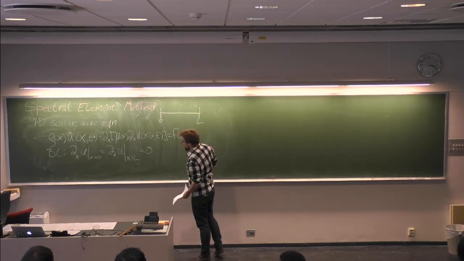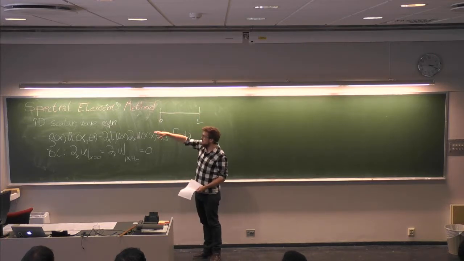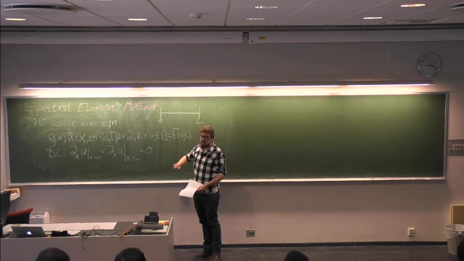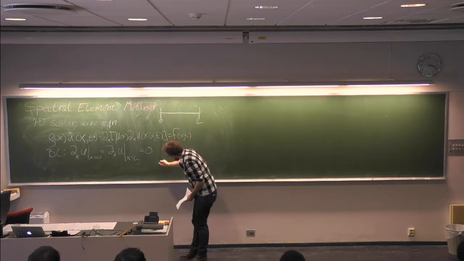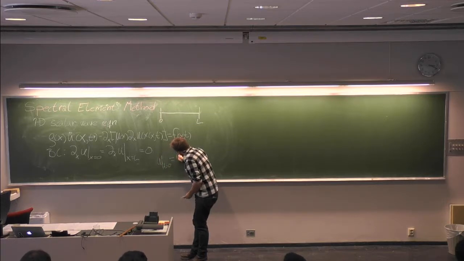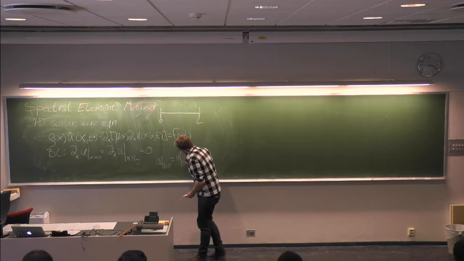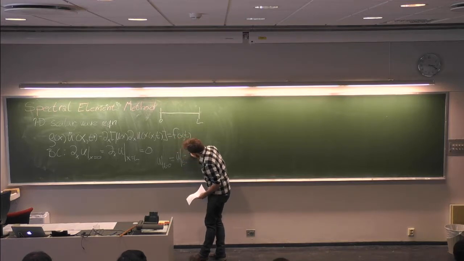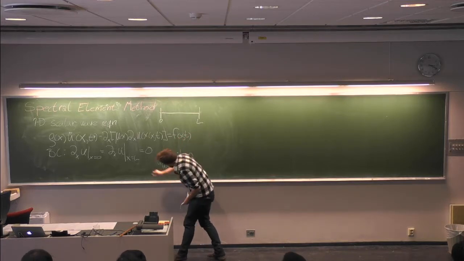We also have the initial conditions that the string should be flat when we start, meaning that u of x at t equals 0 is 0, and the time derivative is also 0. So this is the initial condition.